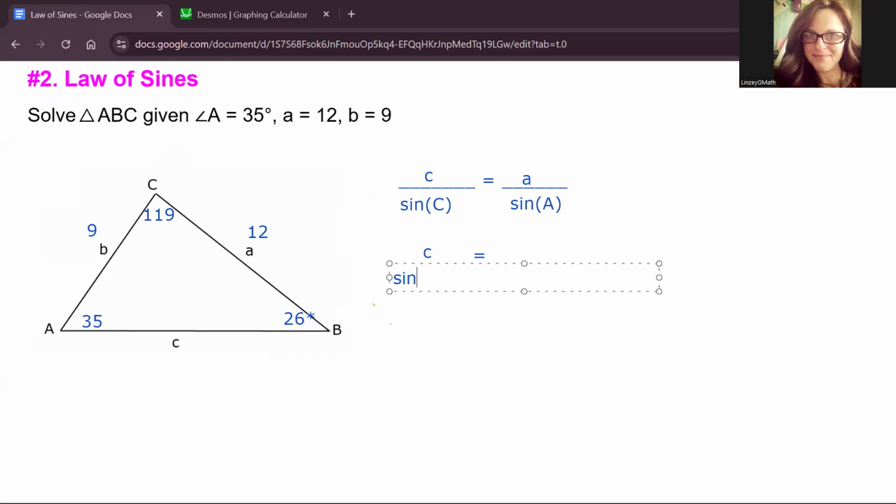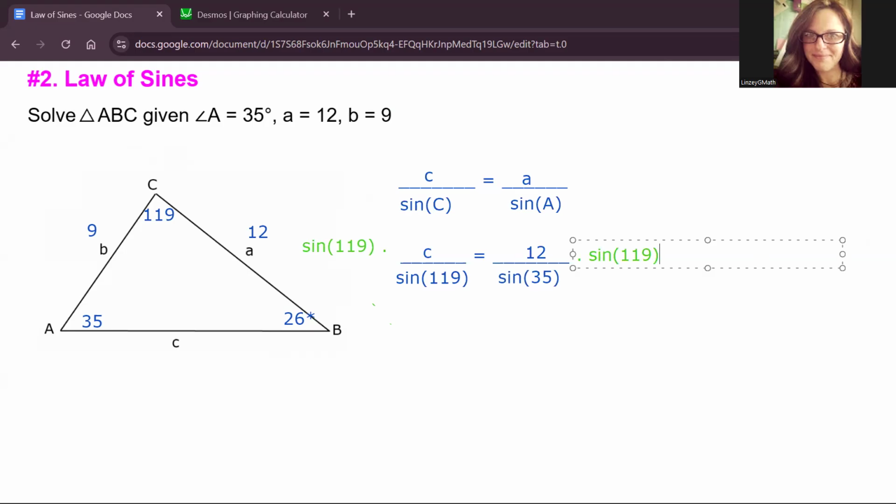Sine of angle C, 119 degrees. Side A is 12, and sine of angle A. And then we'll multiply by sine of 119 degrees to bring that to the other side of our equal sign. Cancels out on the left.